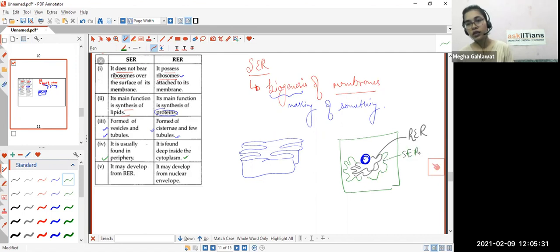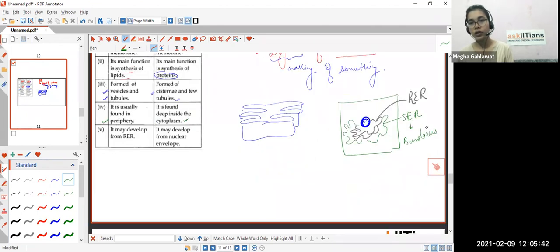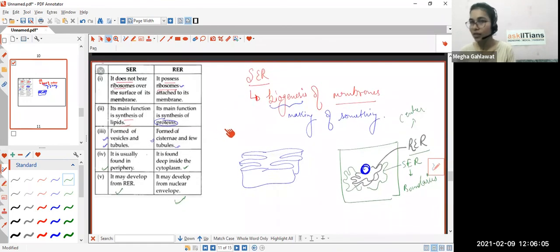So the smooth one is present in the periphery or boundaries, whereas the rough endoplasmic reticulum is present in the center or deep inside the cell. Apart from that, the rough endoplasmic reticulum may give rise to the smooth endoplasmic reticulum, and the rough endoplasmic reticulum could be made up of the nuclear envelope. These are the differences which you really need to revise and learn. And now we'll be moving forward.